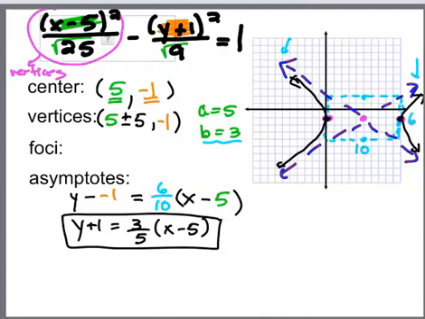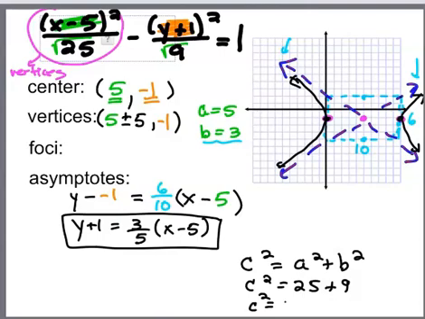For the foci, c squared equals a squared plus b squared. Well, a squared is 25, b squared is 9, which gives us 34. So c is the square root of 34. And remember, they have to be inside here. So that means we have to add and subtract to the x's, because from the center, we're going right, left.